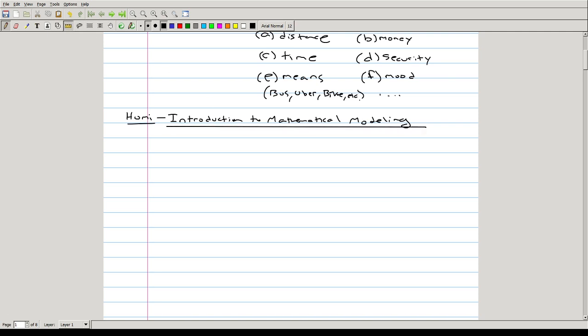And if you're going to get any companion textbook for this course, I would recommend this textbook in addition to the others that I've provided in the syllabus, because this is a fantastic overview and in-depth look at many of the modern aspects of mathematical modeling. But right now I'll write down the definition of mathematical modeling given in his book.